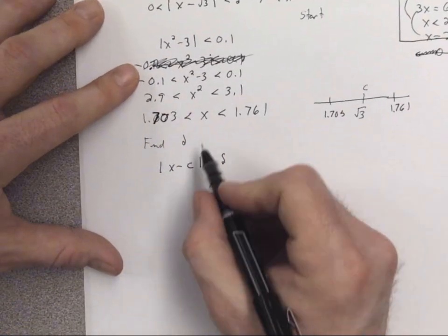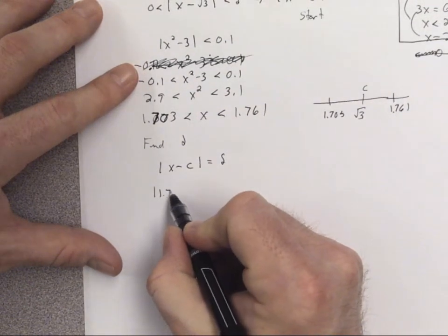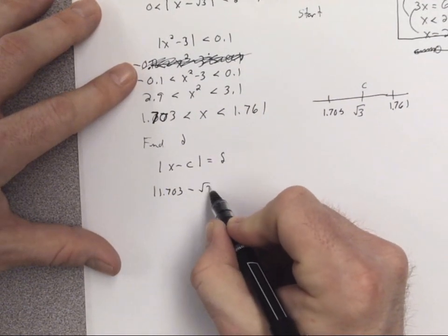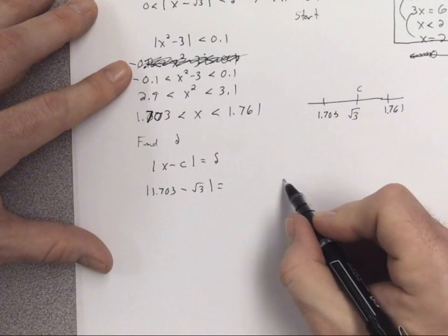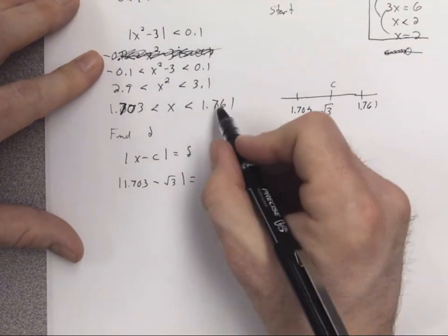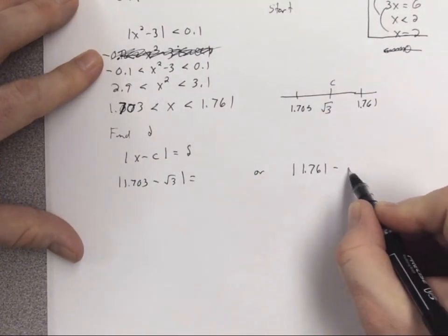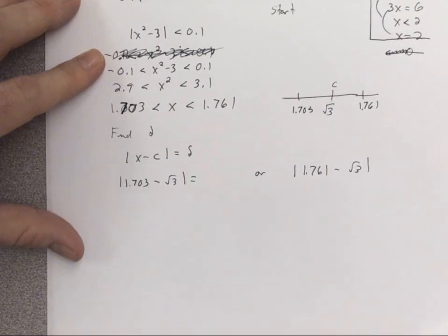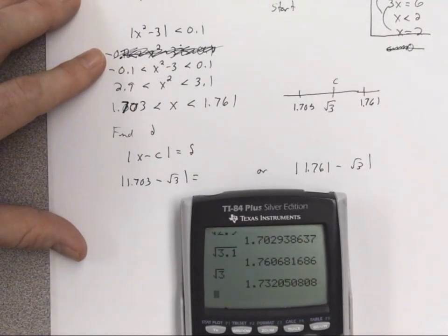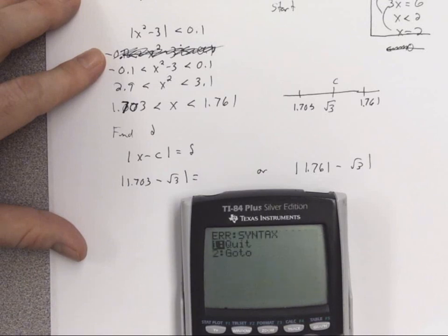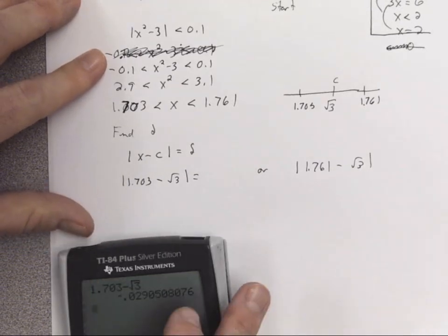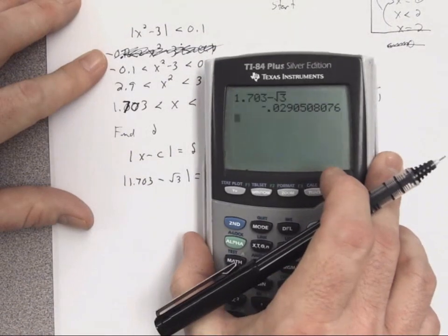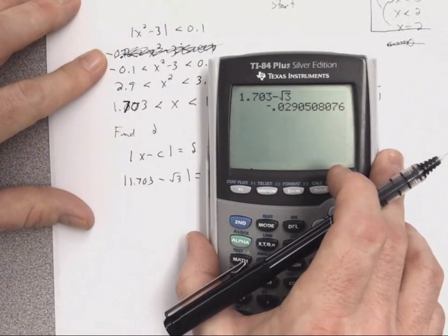Okay. So I know that x is going to be 1.703 minus c, which is root 3. Figure out what that is. Or it's going to be the other one, 1.761 minus root 3. And again, I just have to do decimal equivalents there. So 1.703 minus root 3. You guys agree this is negative, but when I put it in the absolute value, it's going to be positive.